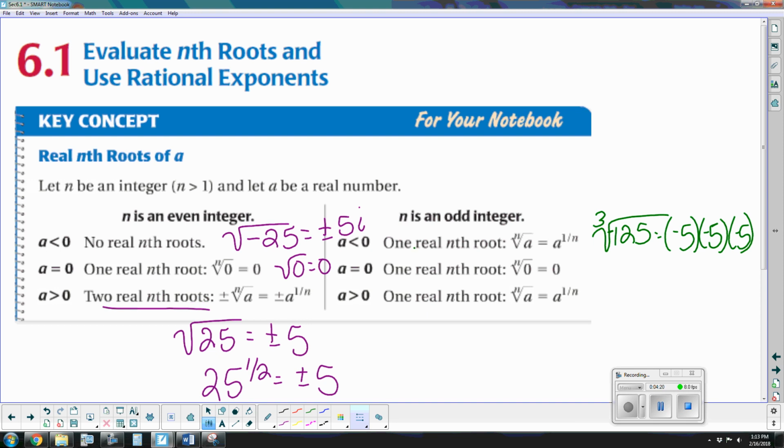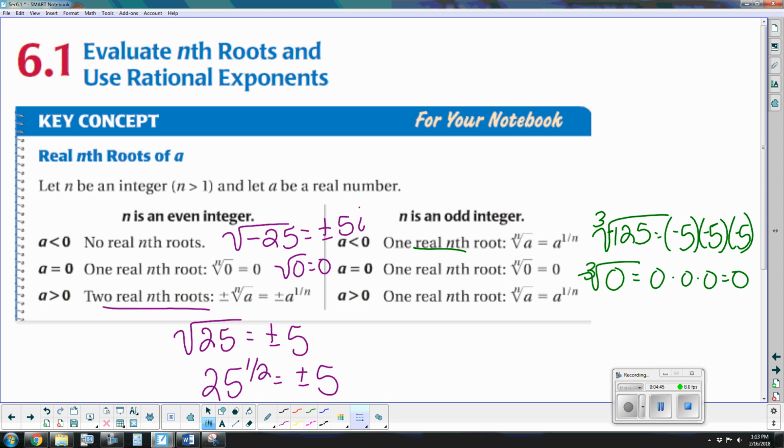So we have 1 real nth root. It's not plus or minus 5, it's just negative 5, because a negative times a negative times a negative is a negative number. Now, again, if a is equal to 0, we're looking at the cubed root of 0, and that's 0 times 0 times 0, which is 0.